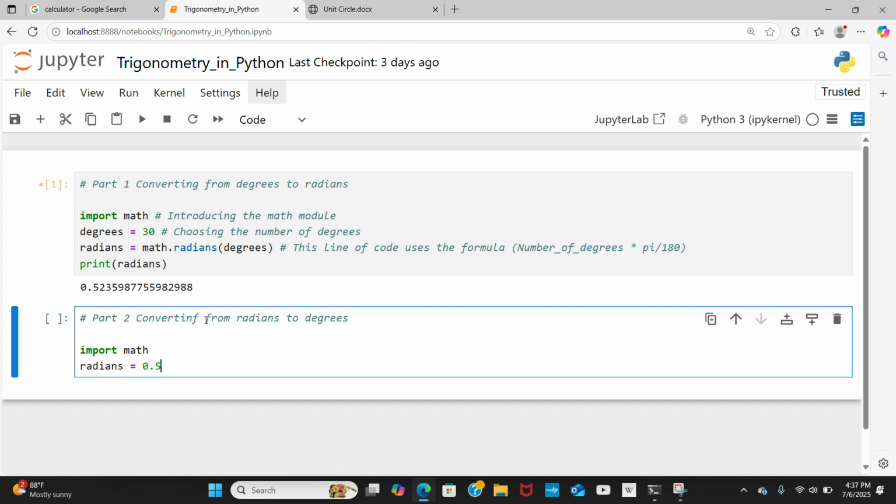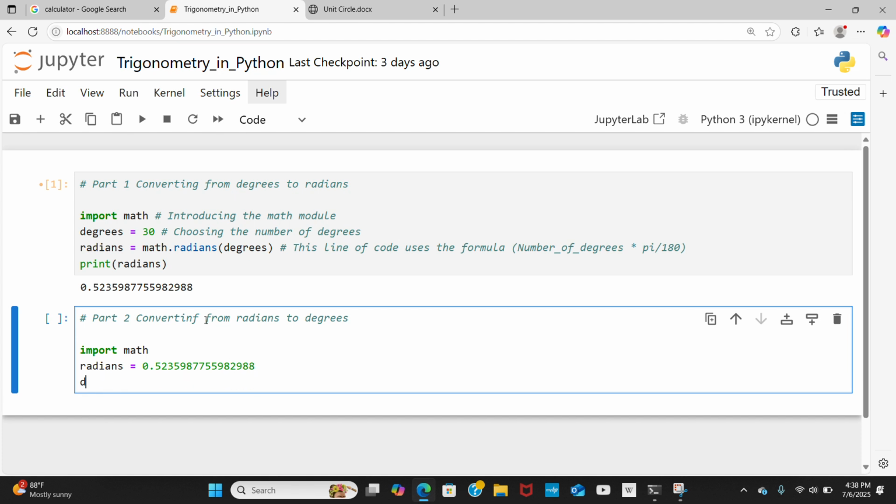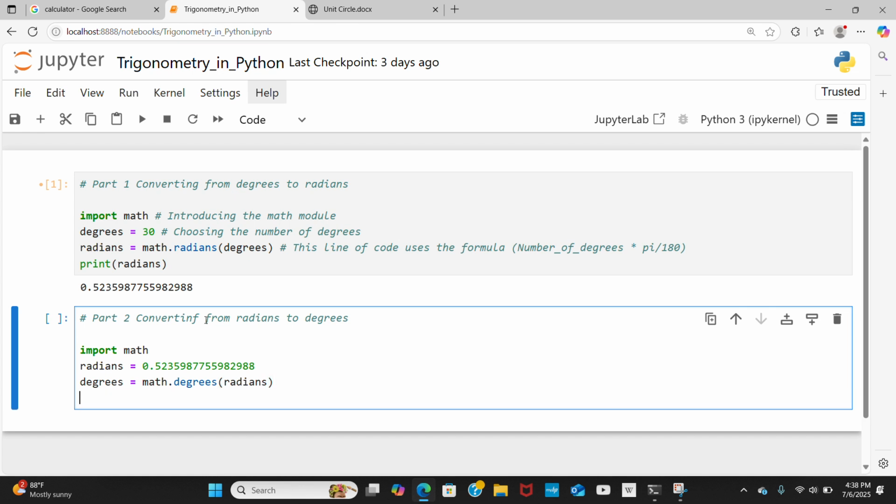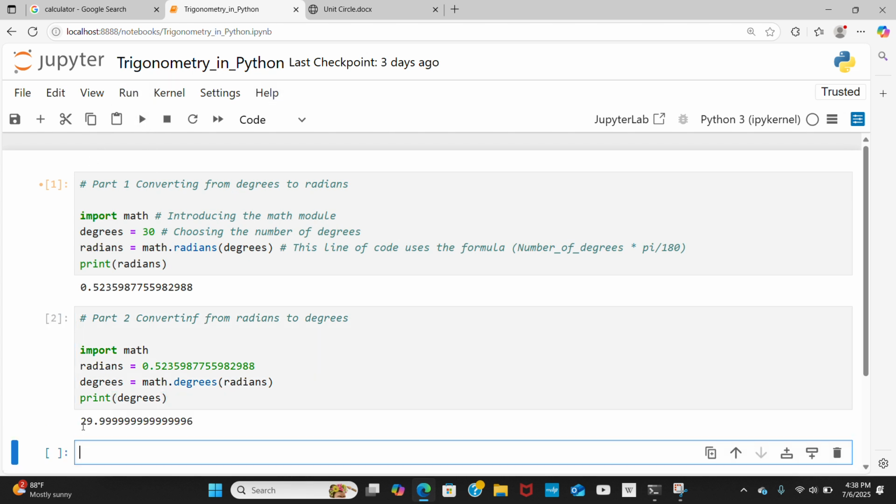So it's 0.5235987755982988. I'm going to set degrees equal to math.degrees in parentheses radians, and I'm going to print degrees. And see, I get 29.9999999 and with a 6 at the end, so it's practically 30.